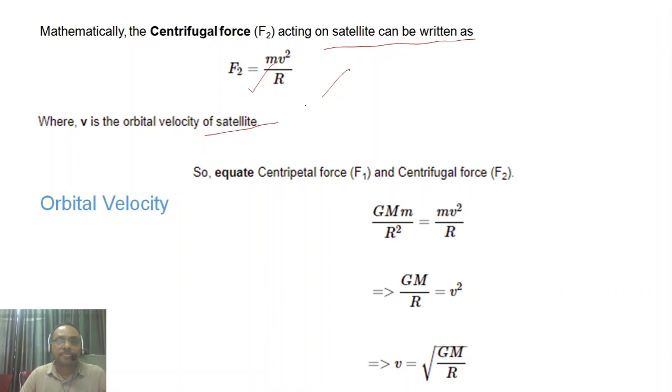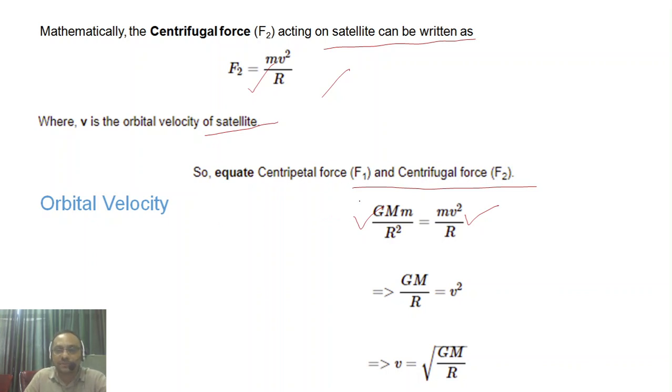So now for a stable orbit of the satellite, these two forces, centripetal force and centrifugal force, both should be same. So equate centripetal force and centrifugal force, F1 is equal to F2. So G M m upon r square is equal to m v square upon r. You can see in the slide.